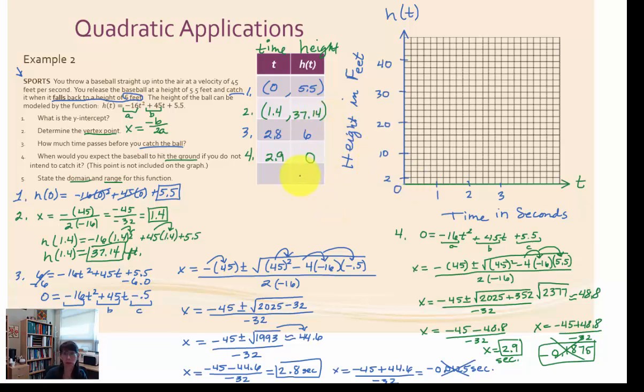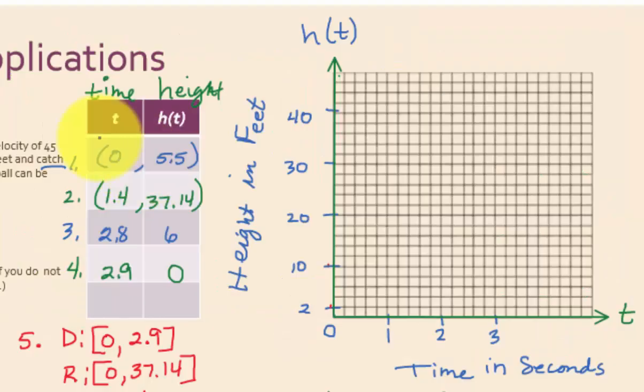And now we're ready to plot the ordered pairs. Our first ordered pair is 0, 5.5. Our next ordered pair is 1.4, 37.14. So our scale was counting by 0.2, so this line would be 1.4, and I'll go up to just a little past 37. Our next ordered pair is 2.8, 6, so that one's a little easier to plot.